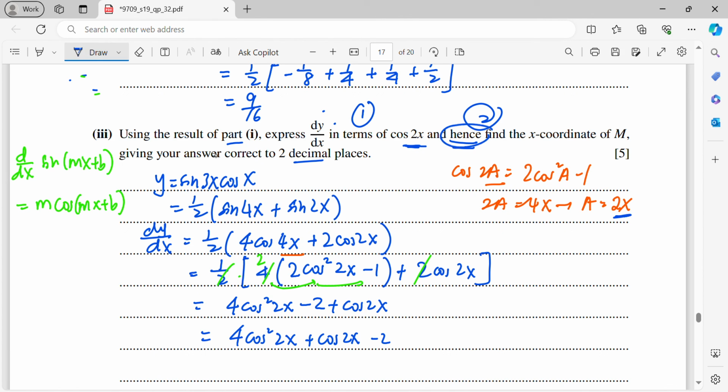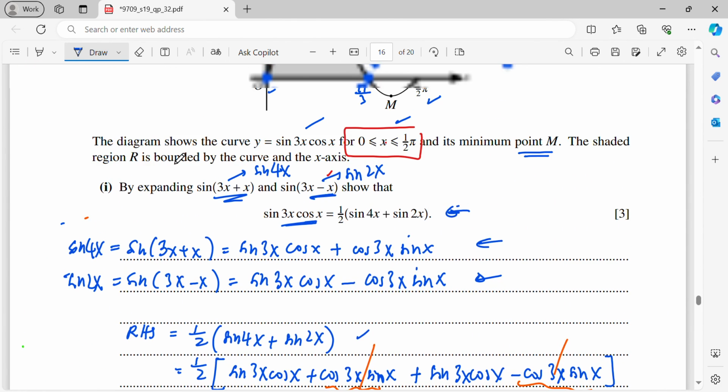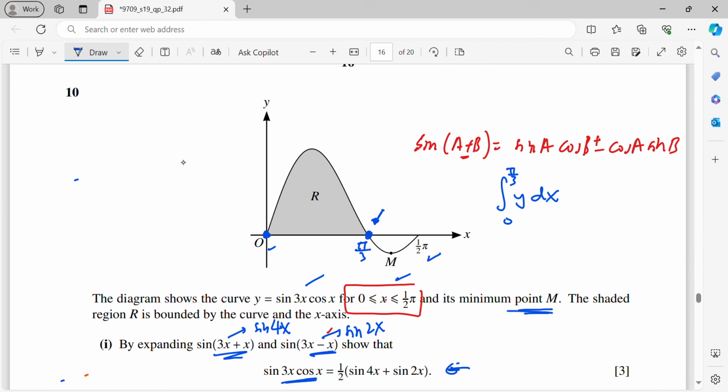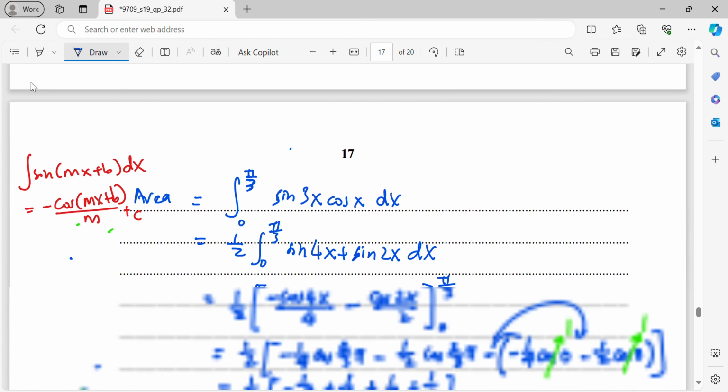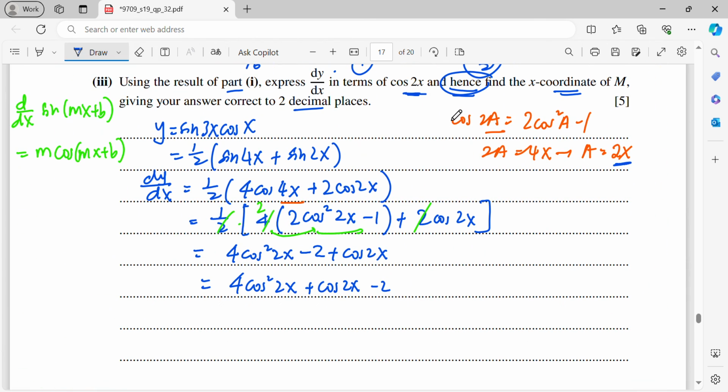Now, and hence find the x coordinate of M. So when you look at the graph, the M is actually the minimum point, which means dy dx equals 0. So now I need to solve dy dx equals 0 to get the x coordinate of M. Because that is the minimum point, which means it's also a stationary point.